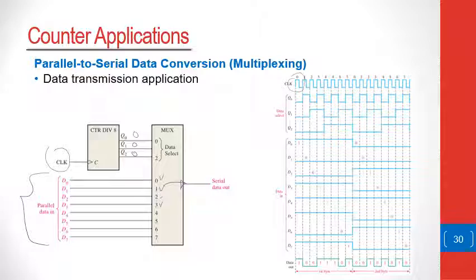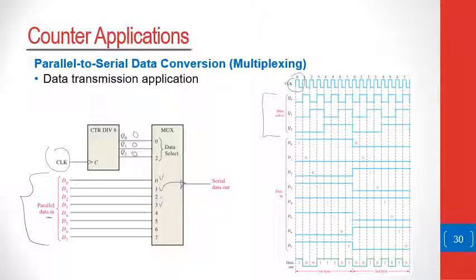During each clock cycle, the serial data is being transmitted from the parallel data in to the serial data out. This can be observed by simply looking at the waveform. This is the waveform of the select lines, which is the counter.